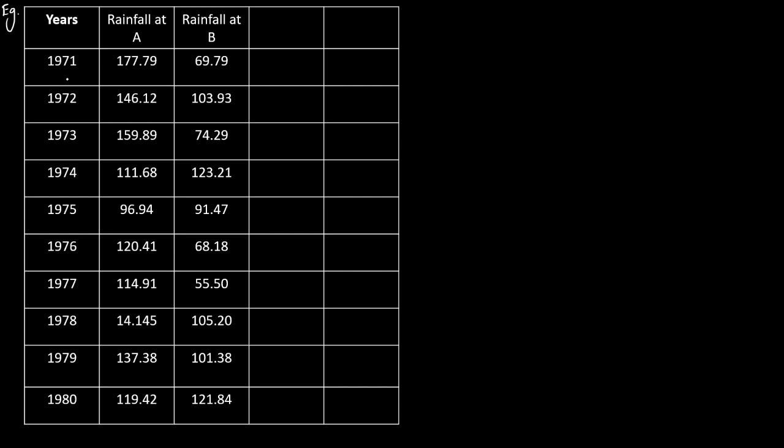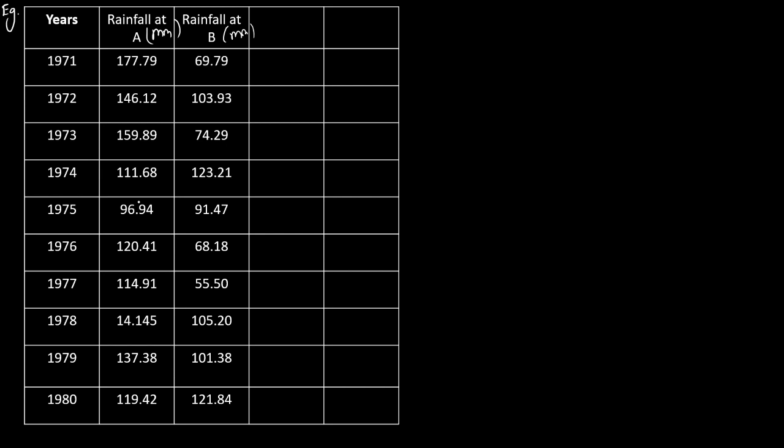In 1971, at place A it was 177.79 mm of rainfall, and at place B it was 69.79 mm. In 1972, at place A it was 146.12, and at place B it was 103.93.